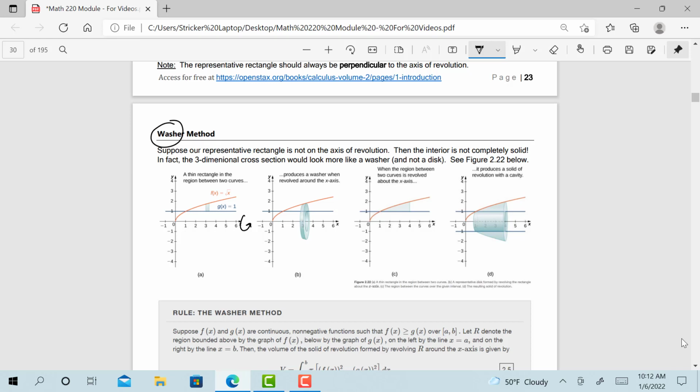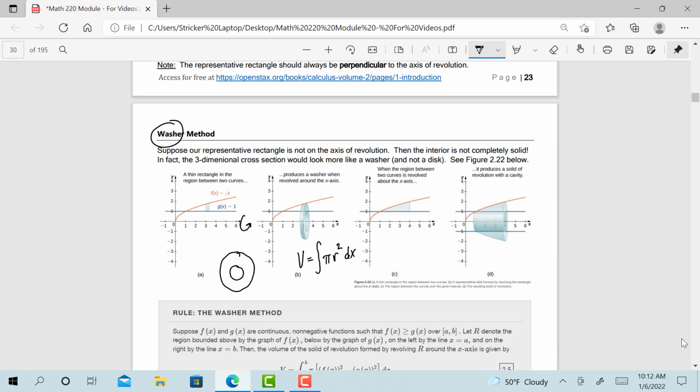And so the formula changes. Instead of V being the integral of pi times the radius squared dx, in this case you have to think about it as, okay, we got this disk and it has a radius of r, but it's got this hole in the middle.